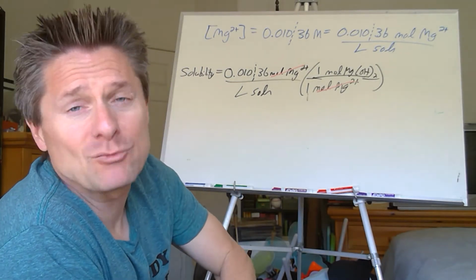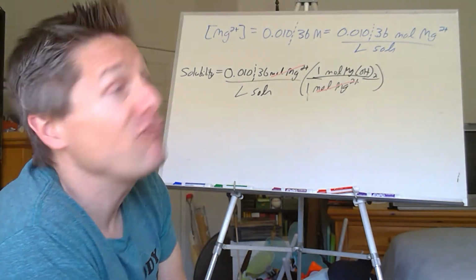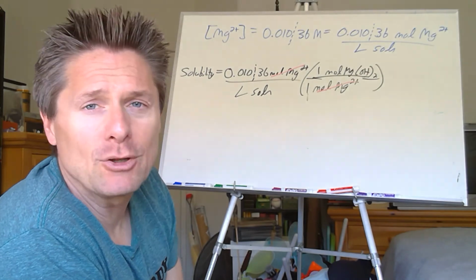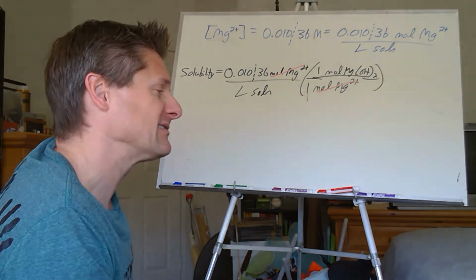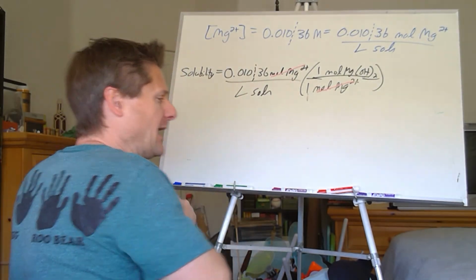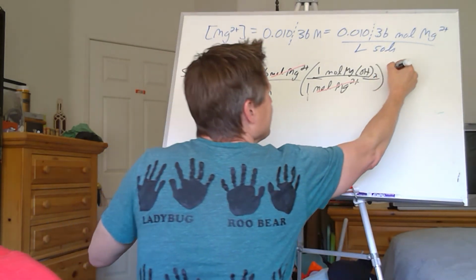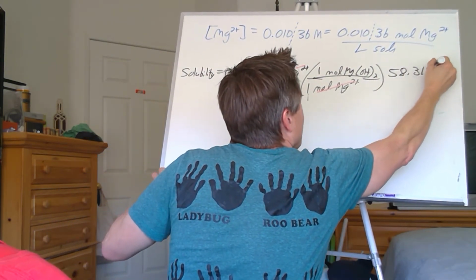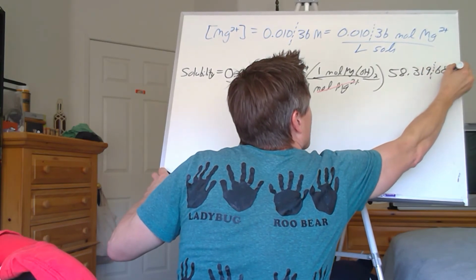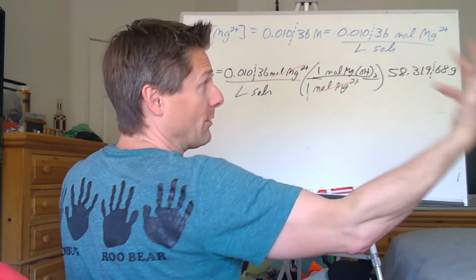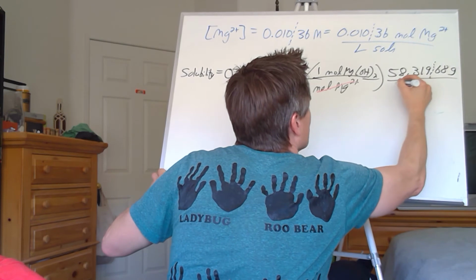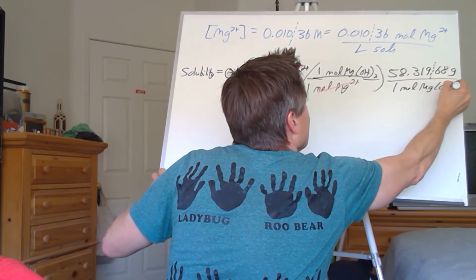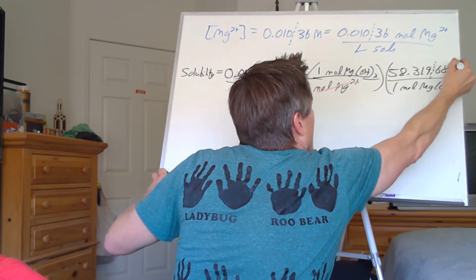So we're limited, because when adding, we're limited by the fewest decimal places, or largest absolute uncertainty, depending how you look at it. So we'd be good to 3 decimal places. So add those all together, see if you get what I got, 58.31968 grams per mole of magnesium hydroxide.